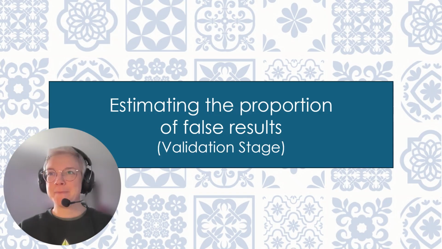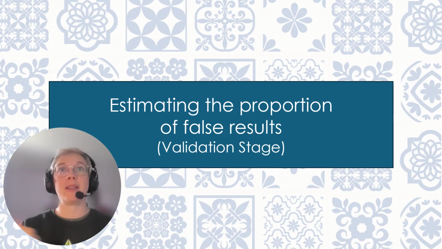Okay, all right, so we know how to estimate the size of the unreliability zone, and now is the time to estimate the proportion of false results at the edges of this unreliability zone. So this is part of the validation, of course.